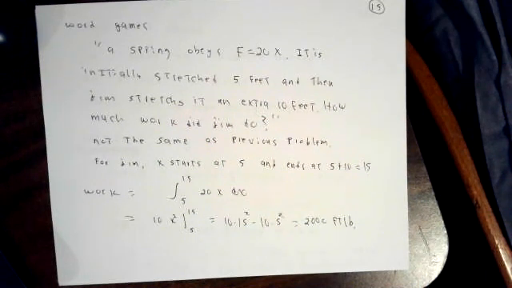Jim's going to start at x equals 5 and then stretch it an extra 10 feet, which means he's going to end at 15 for the displacement instead of 10. Other than that, the calculation is exactly the same, and it turns out that you need 2,000 foot-pounds of energy or work to do this. So you need to pay very careful attention sometimes to people when they ask these sorts of questions because they'll play word games with you.